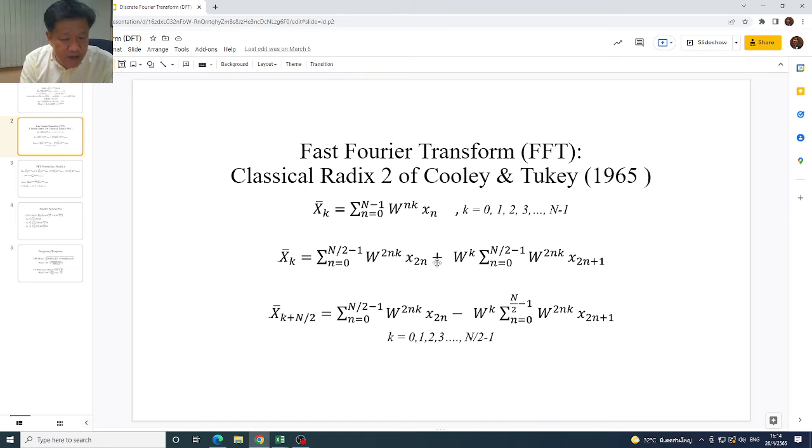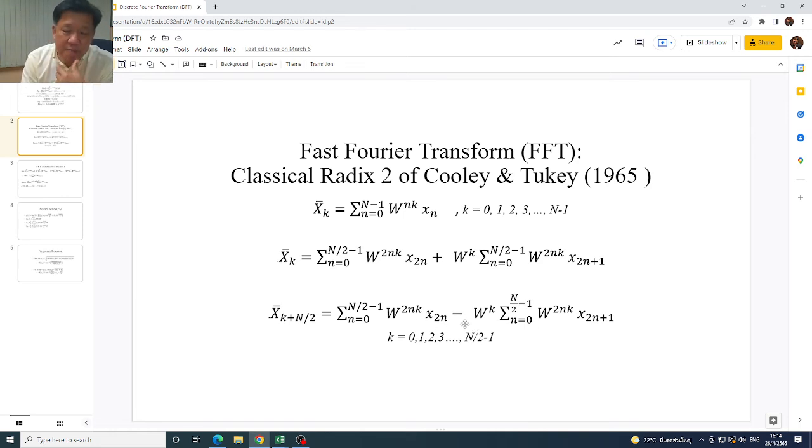The difference is that the first term is for half of the previous k values, when k is equal to 0, 1, 2, 3, up to N divided by 2 minus 1. Once you separate these 2 terms, for the remaining terms you don't need to evaluate all of them. You can use this summation and just add the first term to each other, and for the second term just subtract from each other.